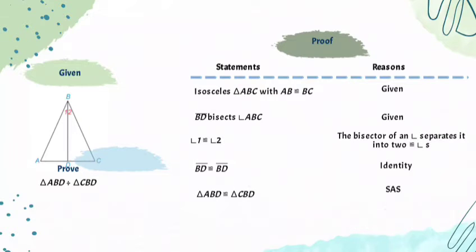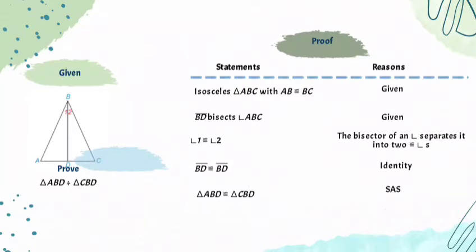Proof. The first statement: isosceles triangle ABC with AB congruent to BC. The reason is given. The second statement: segment BD bisects angle ABC. The reason is given. The third statement: angle 1 is congruent to angle 2.